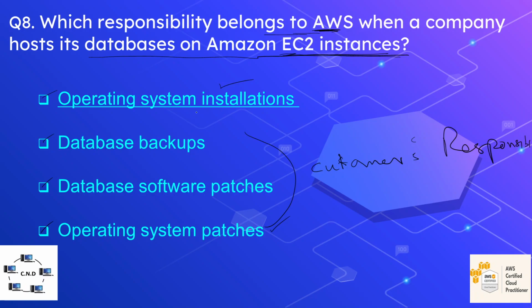While the initial installation of the operating system inside the EC2 instances is the AWS responsibility, because these EC2 instances come with a pre-installed operating system. So only the installation of the operating system is the cloud provider's responsibility, while the rest is the customer's responsibility.